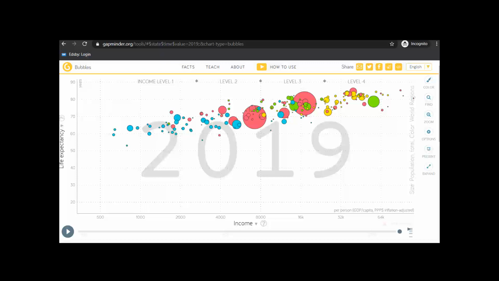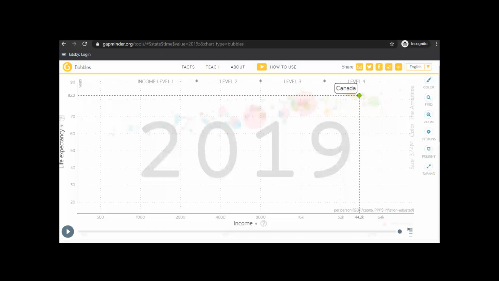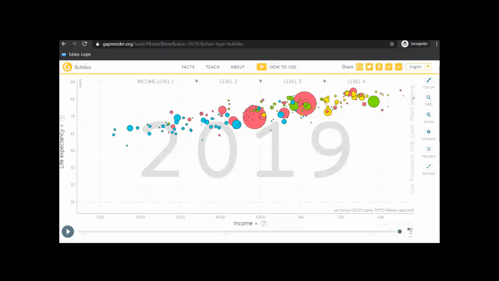You notice that with the rise of the dots also came an increase in wealth. This is in today's dollars. Canada used to be very poor. So did most countries. But now we're not. On average, you've got Canadians earning somewhere in the ballpark of $45,000 American. That's not bad.